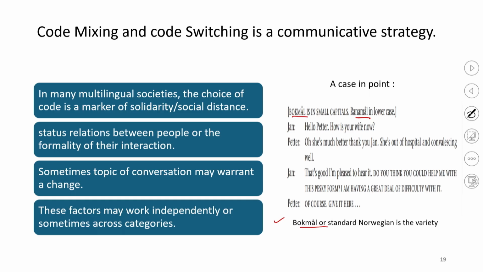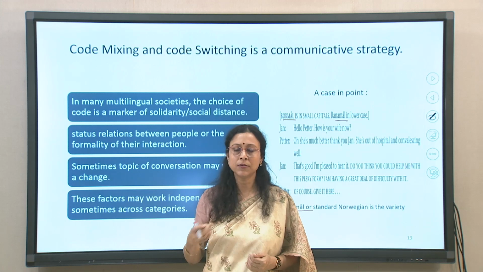One is a formal variety which is used for all kinds of official purposes, the other is a local variety. Typically the local variety, or the vernacular variety as it is often called, is used for solidarity. So, if you know somebody, you will speak in that language. We are from the same neighborhood and we share the language, so we use that language. And for a formal purpose we use the formal language.